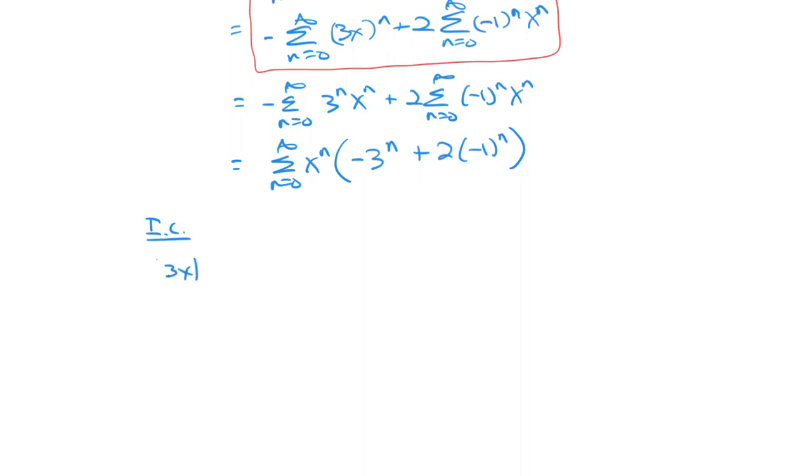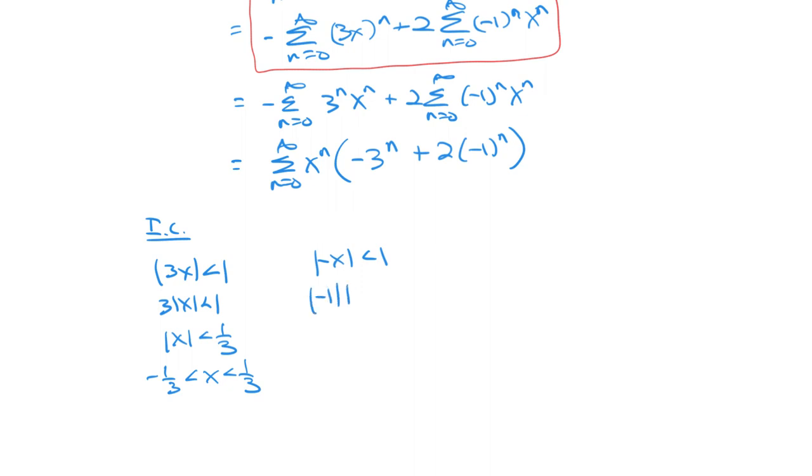So we have to make sure that the absolute value of 3x is less than 1, which means that 3 times the absolute value of x is less than 1. So the absolute value of x is less than 1/3, which means that x is between negative 1/3 and 1/3. Okay, that's one of them. The other one is r equals negative x, so the absolute value of negative x has to be less than 1.